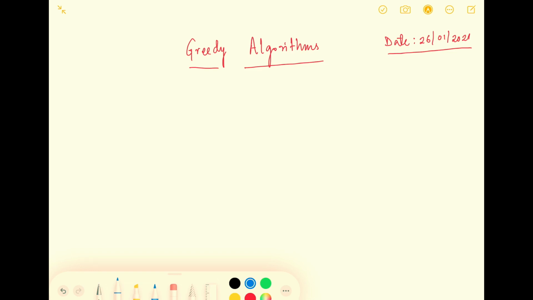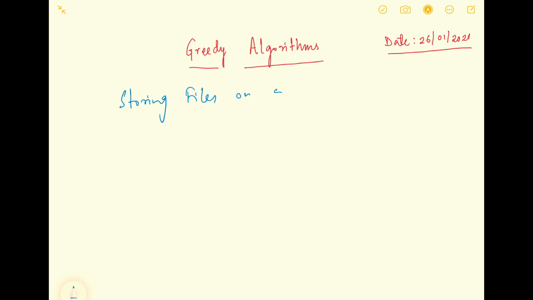So our first example problem is storing files on a tape. So tape is a sequential device, and you need to store the files.